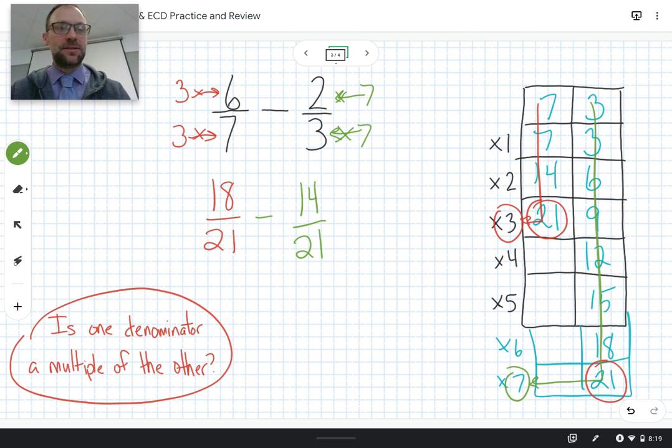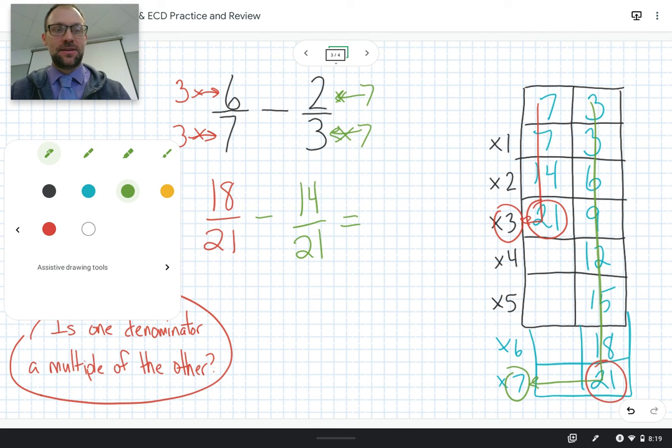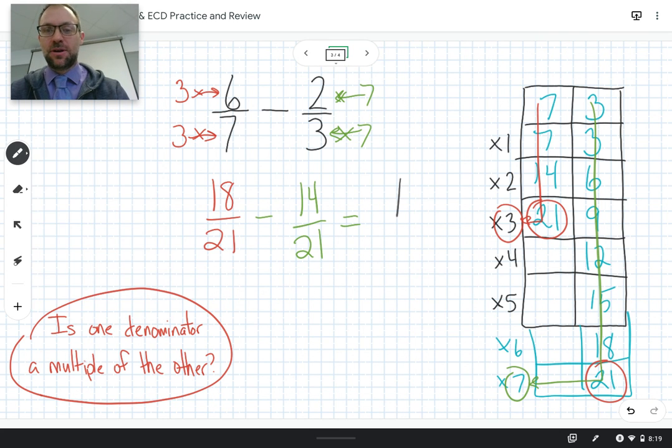And we'll subtract. 18/21 minus 14/21 is, that's right, 4/21. Last check. Is this in simplest form? It is. Great job. You did it.